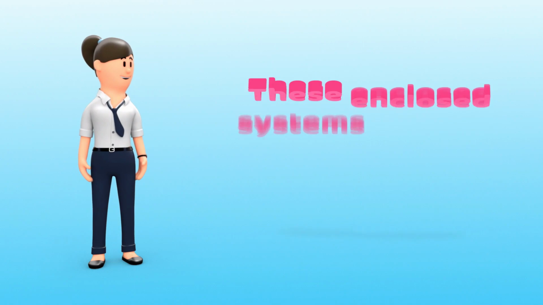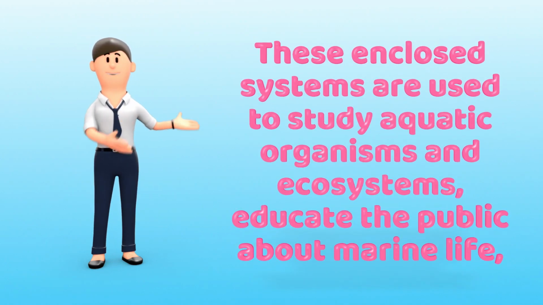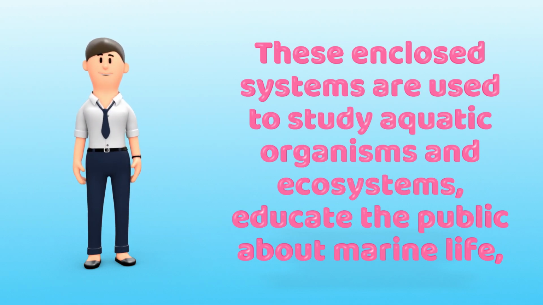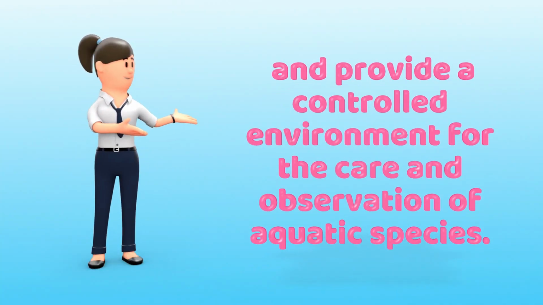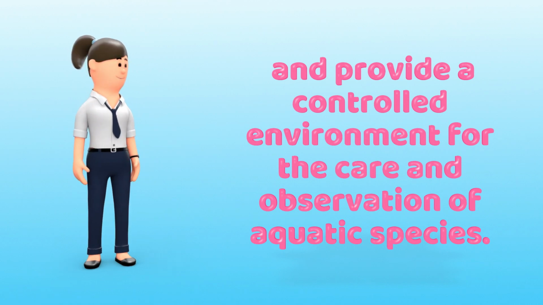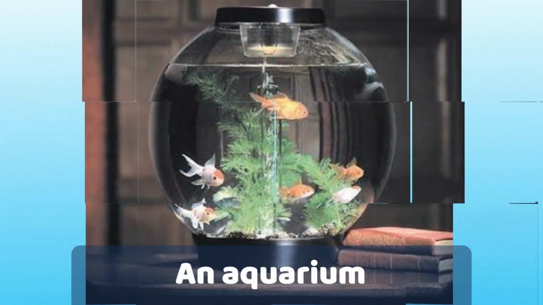These enclosed systems are used to study aquatic organisms and ecosystems, educate the public about marine life, and provide a controlled environment for the care and observation of aquatic species. For instance, here we have an aquarium.